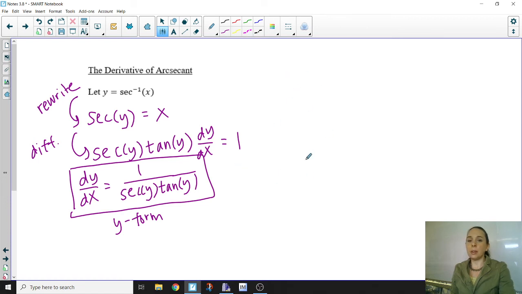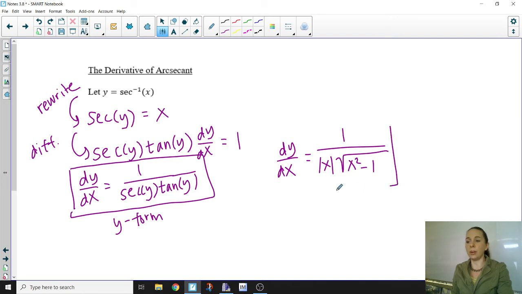Except this time, I'm not going to go through notes and an explanation because it has to do with restricting domain, and there's all sorts of little nuance to this explanation. I'm just going to go for it and tell you, here's the x form. It's a little wild. It is 1 over the absolute value of x times root x squared minus 1. There it is.